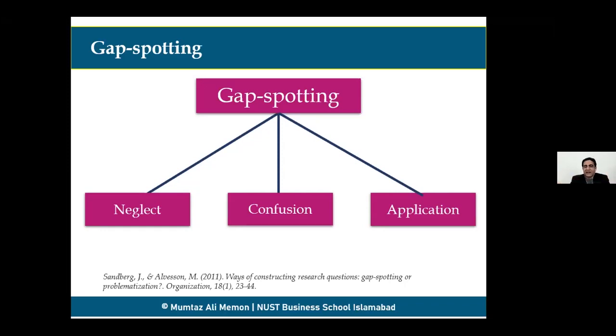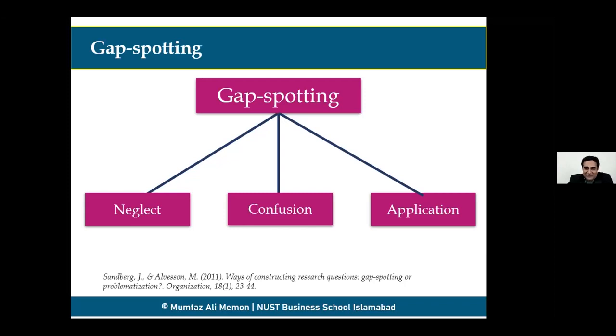Nobody so far has focused on this topic. This comes under neglect. It means you are trying to mention that this issue or area of research has previously not been explored. So you are the best person in the whole world to address this problem. Okay, so neglect, number one.